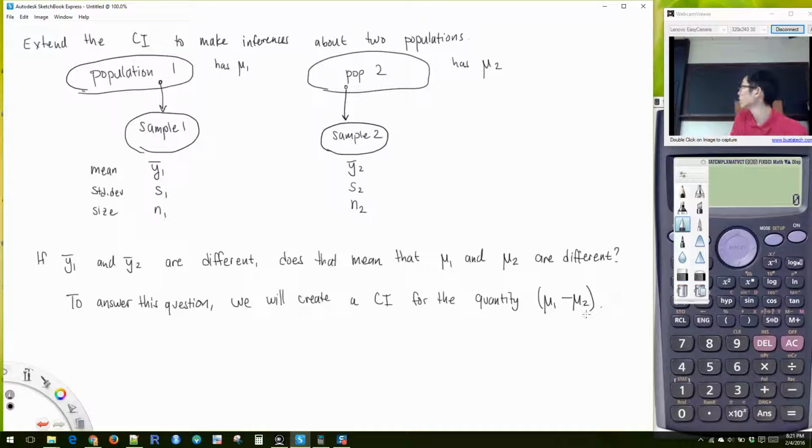So we're going to create an interval of plausible values that mu1 minus mu2 could be. Okay, so plausible values of the difference.